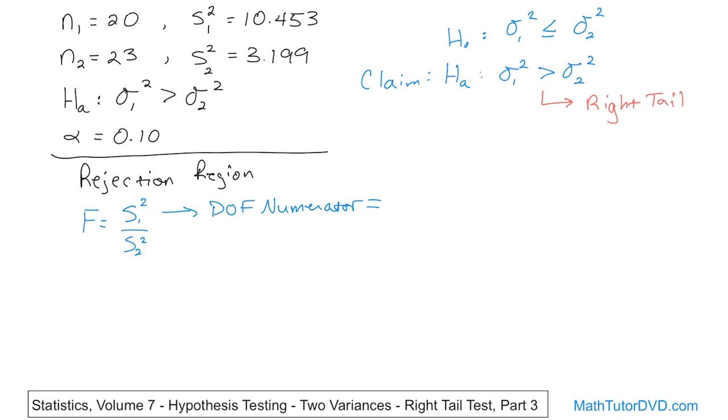We sampled 20 people from population 1, so it's 20 minus 1, which is 19. And then we can calculate the degree of freedom for the denominator. We sampled 23 people from population 2, so it's going to be 23 minus 1.